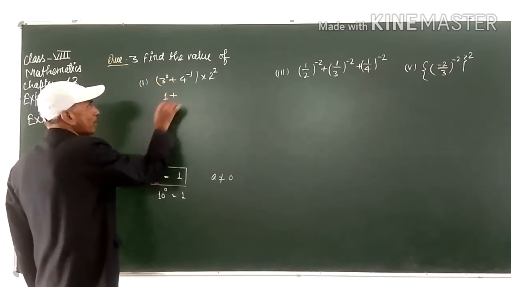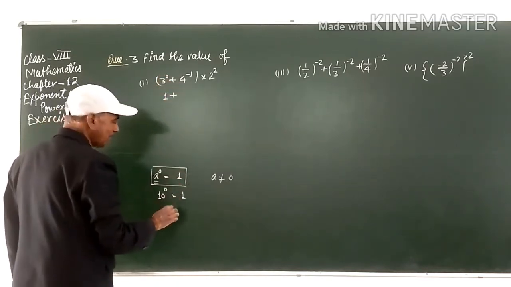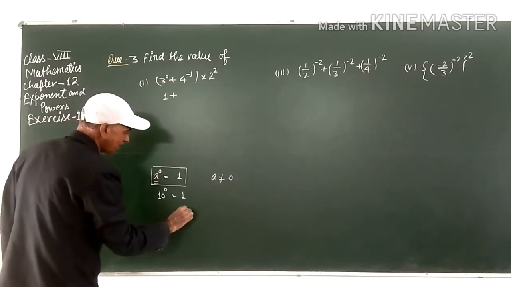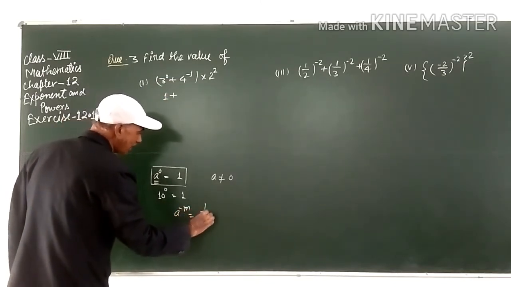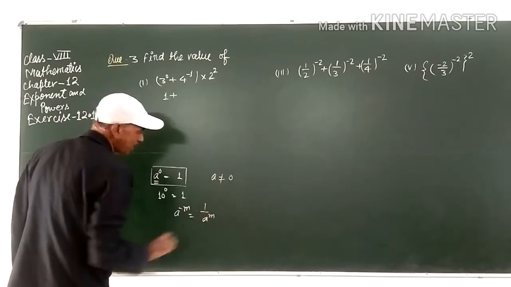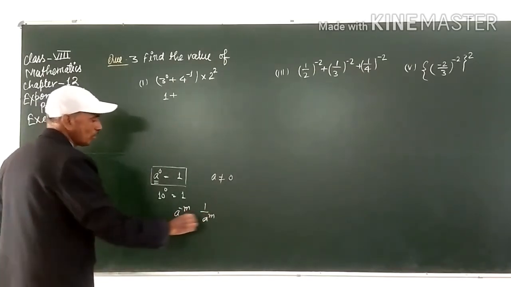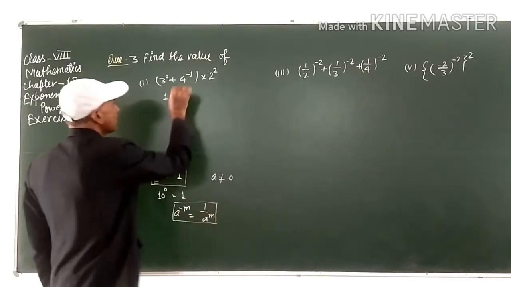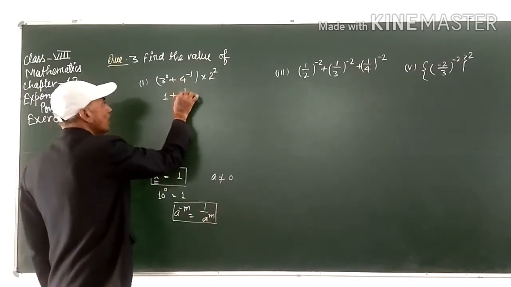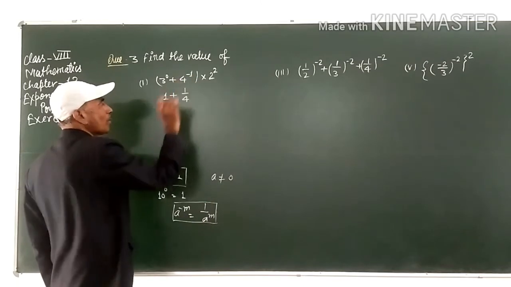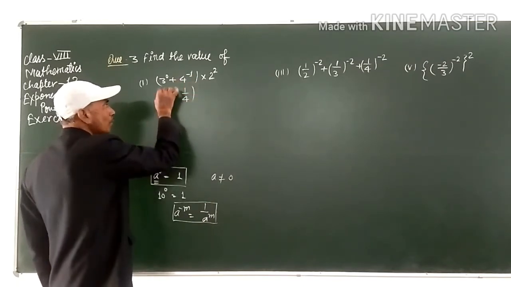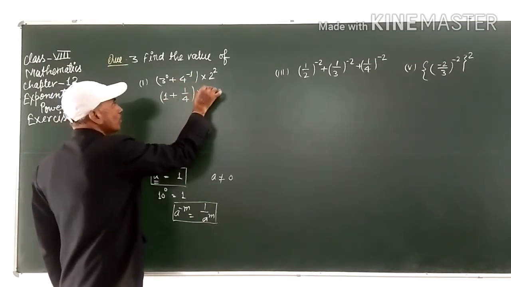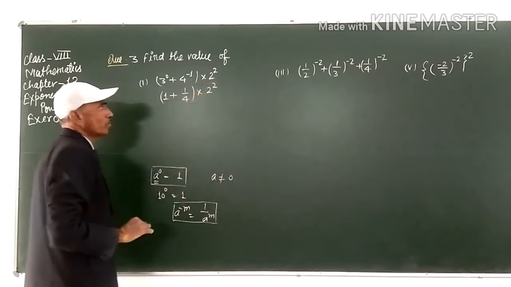Plus, a to the power minus m is equal to 1 upon a to the power plus m. Clear, student? So again we will use this rule in this. So it will be 1 upon 4 to the power 1 means 1 upon 4 into 2 to the power 2.